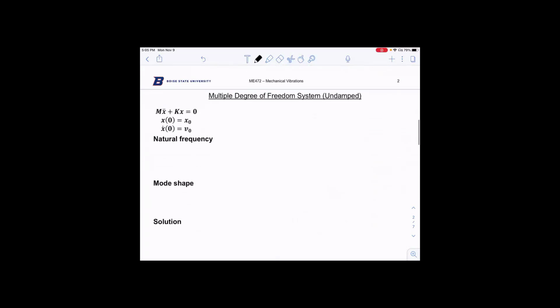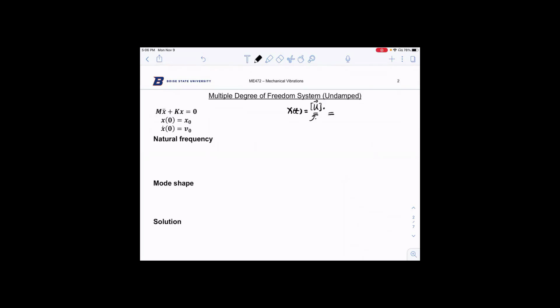If we move on to multiple degree of freedom systems, you can do something really similar. What you can do is assume that your x(t) has two parts. The first part, let's name it the u vector, is only related to coordinate x.